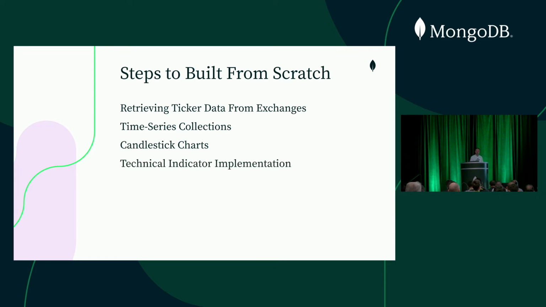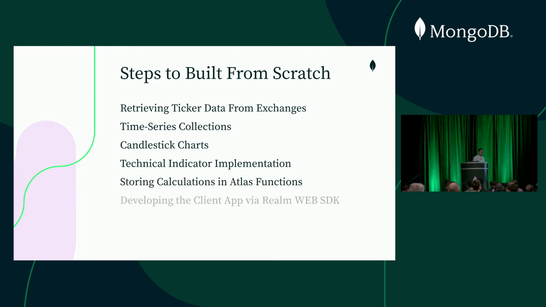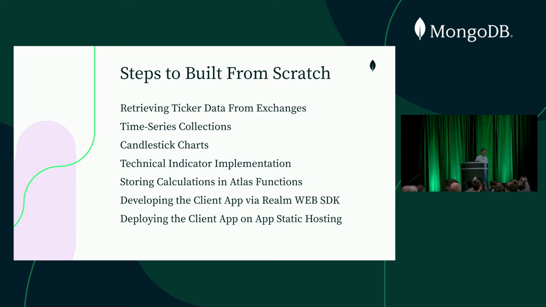Then I will explain the technical indicator implementation, how financial technical indicators like RSI can be calculated in the aggregation framework. Then I will explain how I embed this logic in Atlas Functions, and how I use the Realm Web SDK on the client side to access the MongoDB Developer Data Platform. And finally, I will complete this section with the hosting part.